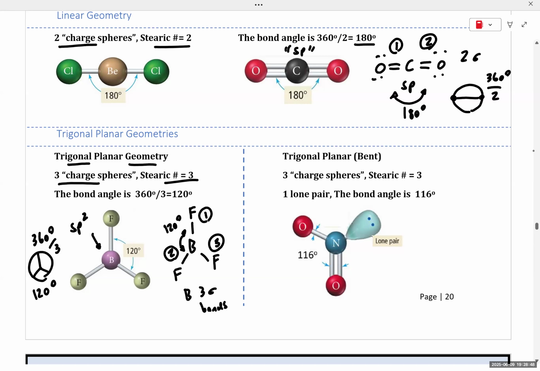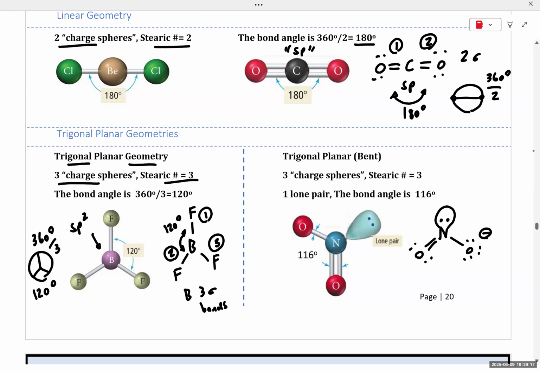Now, what happens if you add a lone pair, such as, for example, in the NO2 minus anion? Now, this lone pair takes up a ton of space, and lone pairs will distort the bond angles and push the bonding electrons away from the lone pair.